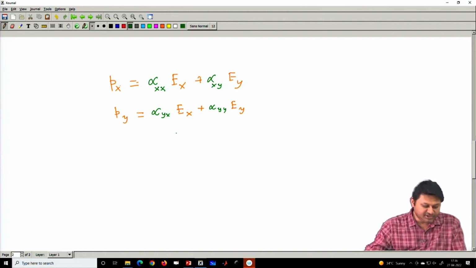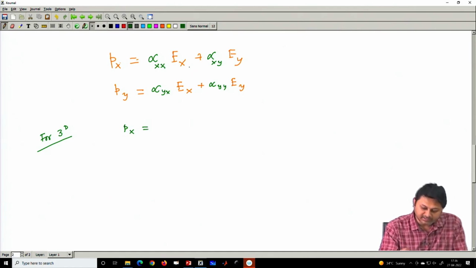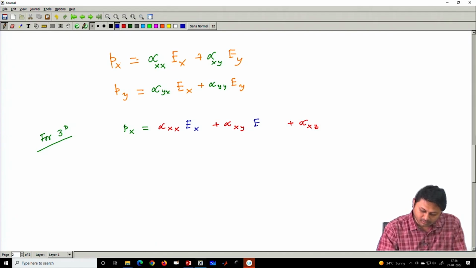So, in general for 3 dimensions, this is for 2D, in general for the 3 dimensional case, P x component can depend on E x, E y and E z, and now I can write it like alpha x x plus alpha x y plus alpha x z, and my E components will be like E x, E y and E z.